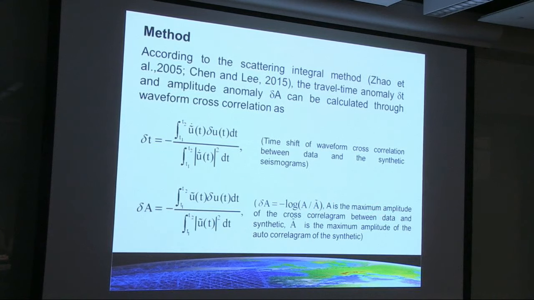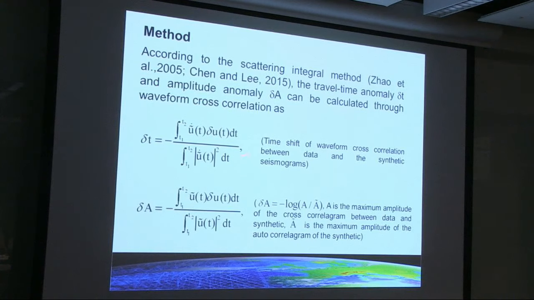A is the maximum amplitude of the cross-correlogram between data and synthetic. A tilde is the maximum amplitude of the autocorrelogram of the synthetic seismogram.